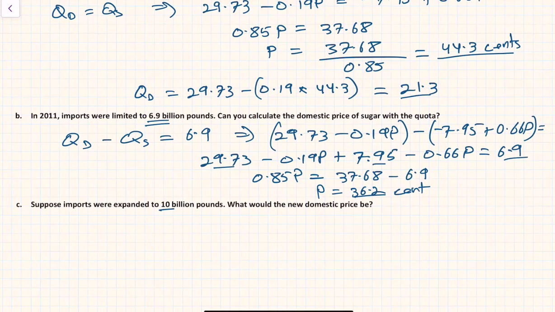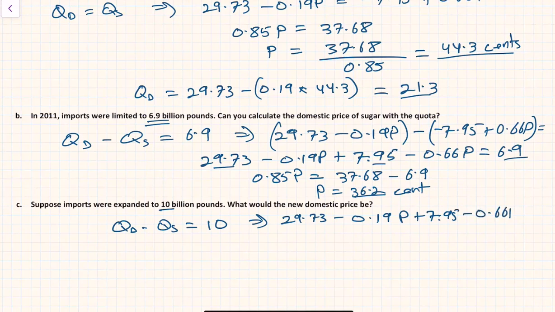We can again figure out the price at which we would have a shortfall of demand minus supply equal to 10 billion pounds. So again, writing the equation, QD minus QS, this time equals 10. We get 29.73 minus 0.19p plus 7.95 minus 0.66p equals 10.